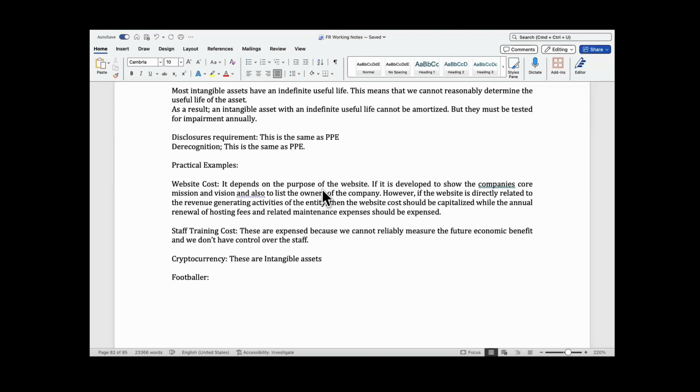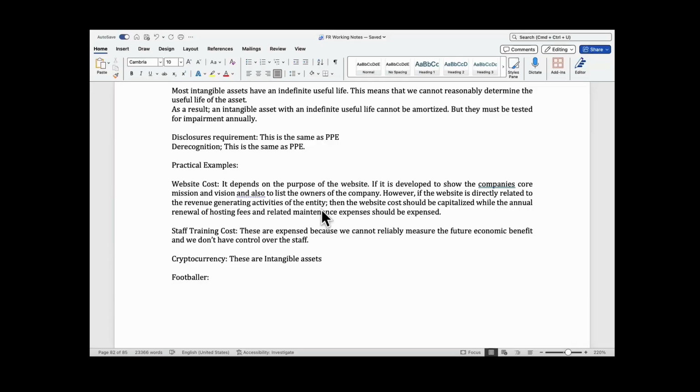From the perspective of IAS 38, since the contract can be measured and is identifiable, I think the player's contract is the intangible asset, sir.